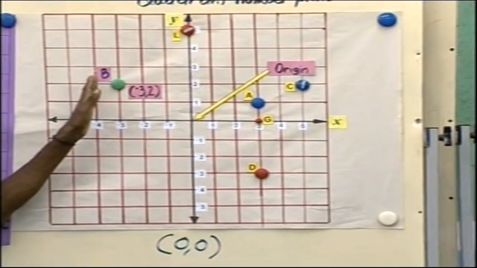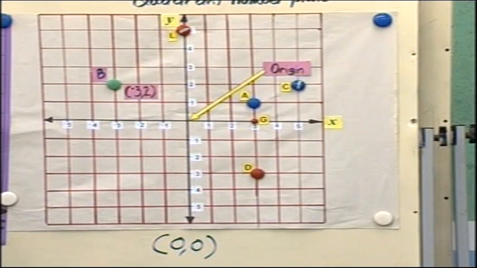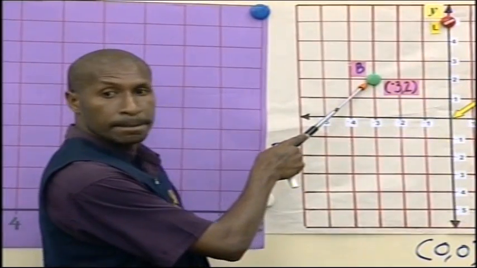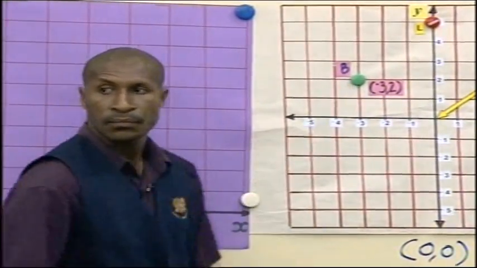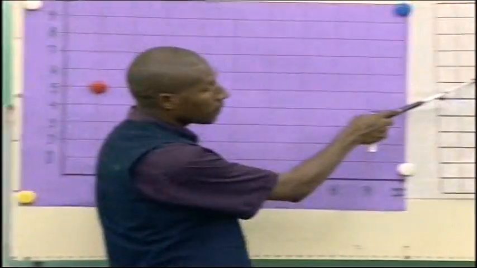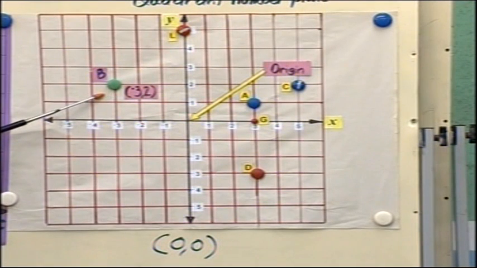Starting with letter C. Coordinates. Each point is being shown by coordinates. So, what is the coordinate of this point? Class, it's already on the board. What is the coordinate for this point?